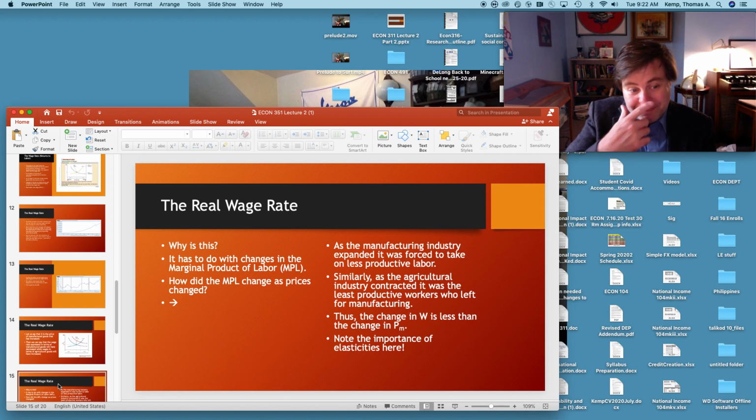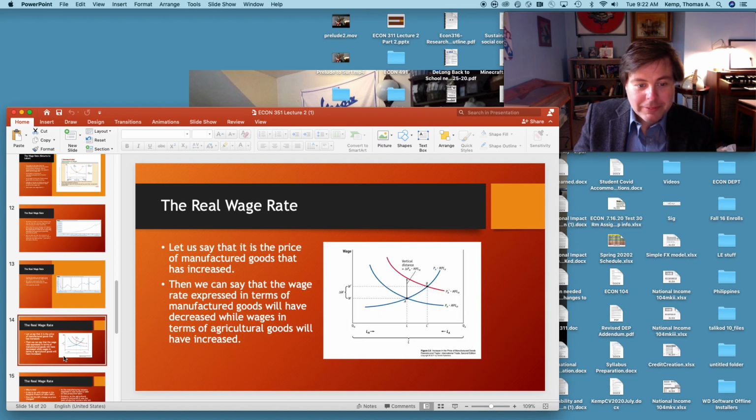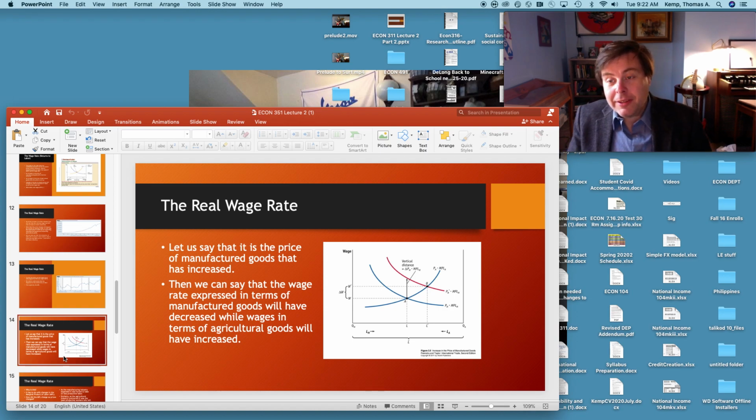All right. So wait, I think I missed something there. Oh, okay, right. So real wages, right? So we can say that the real wage, because the price of manufactured goods is going up, and the relative price of ag goods is going down.